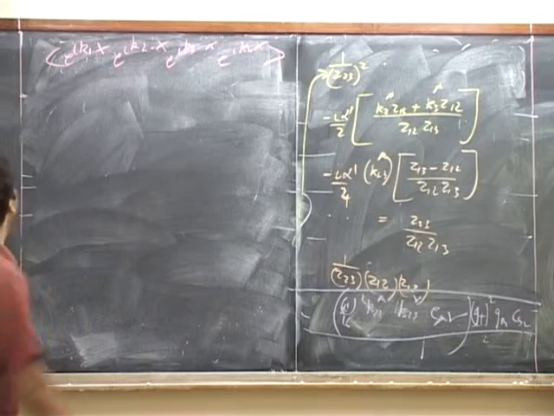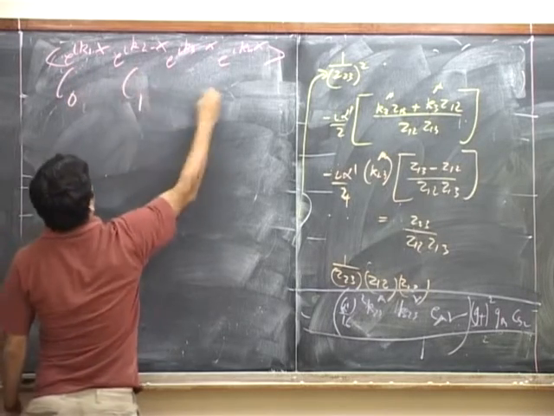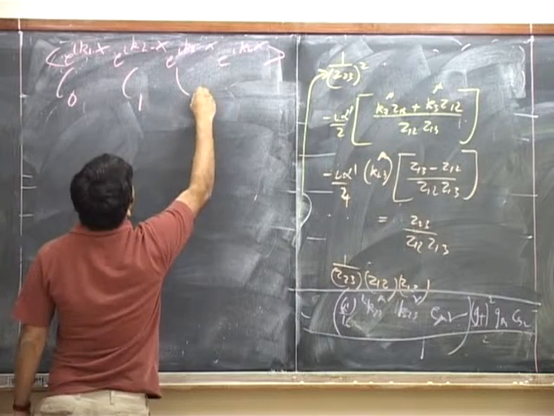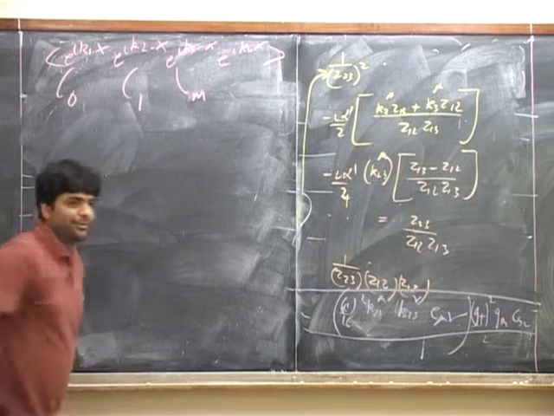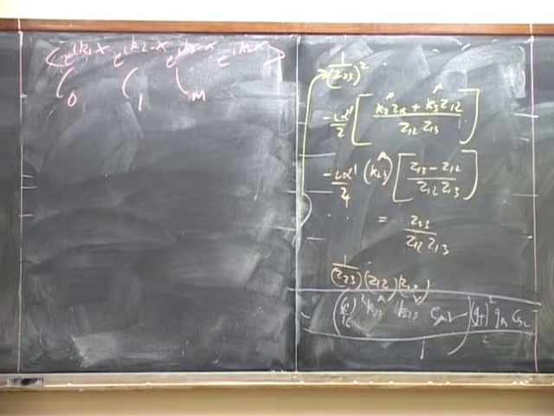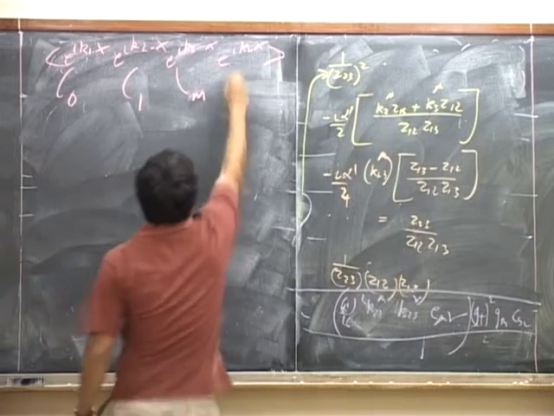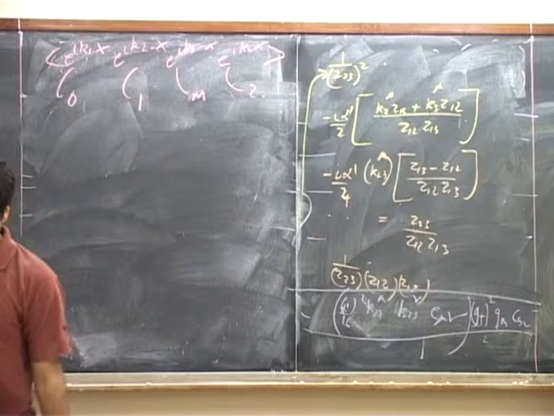But there is a standard choice: one of them to be 0, the other to be 1, and the third to be infinity. Now this infinity we will choose to be some M which we will take to infinity. And this fourth one we just take to be z. So these are the 3 fixed vertex operators.